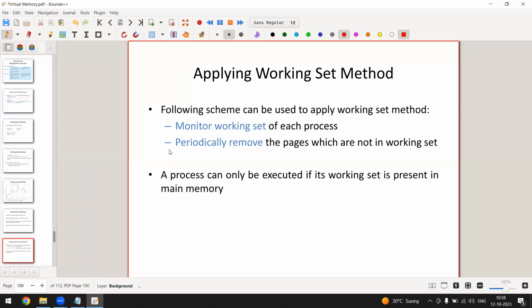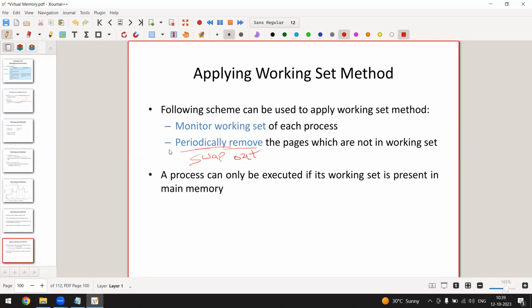So working set will keep getting updated, and you have to periodically see that whichever pages are not in the working set, you have to swap out. Periodically remove means you have to swap out the pages which are not in the working set.